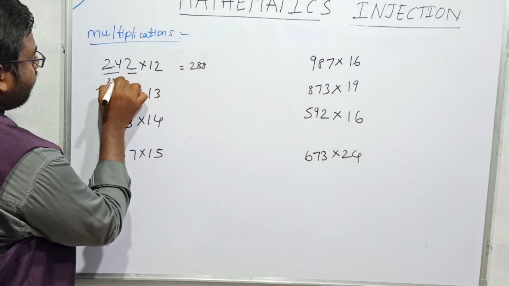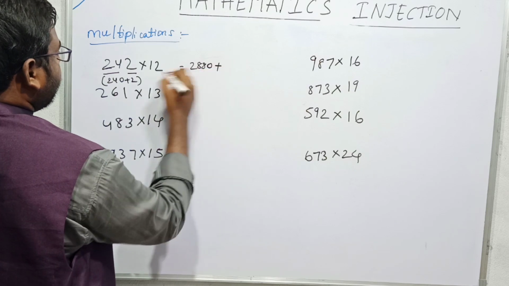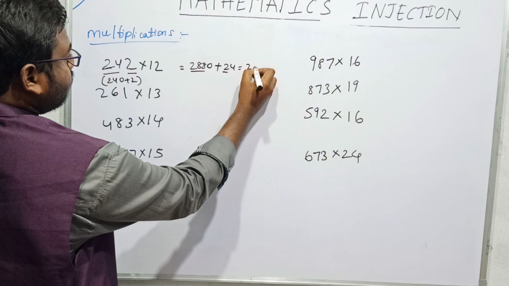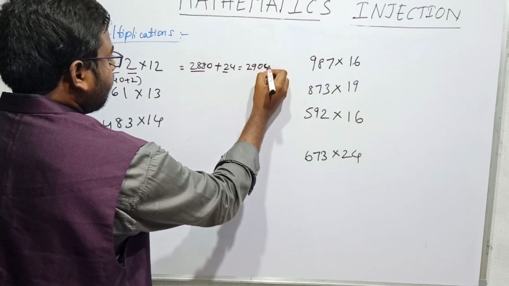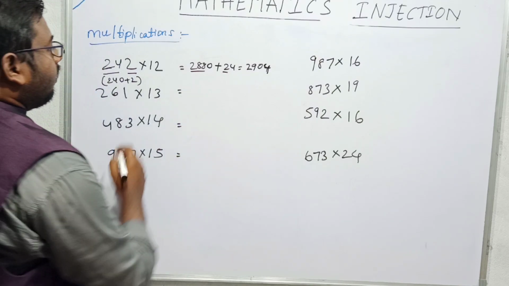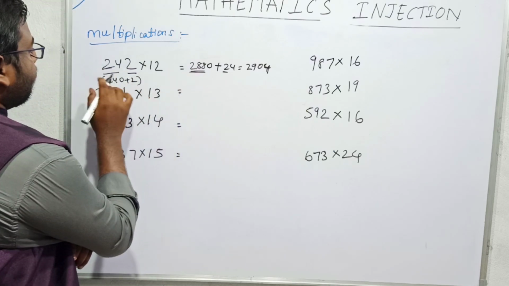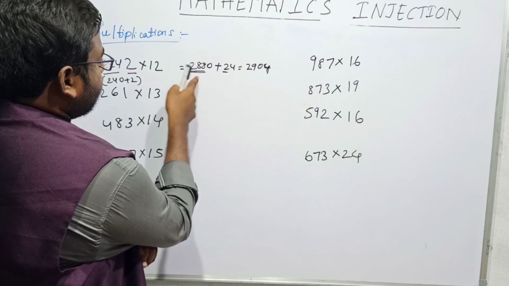That means I split this into 240 plus 2, so 288, and 12 2s are 24. If I group these two, 294, this is 4. That means we know 288, we learned how to get 288, 12 into 24 is 288, but we want to reduce this step also.